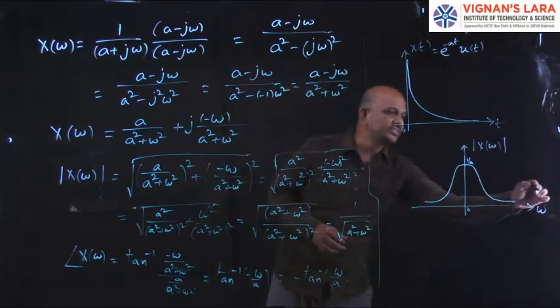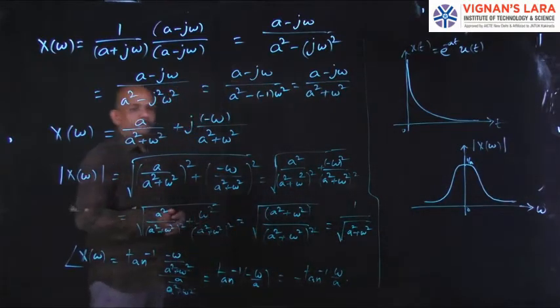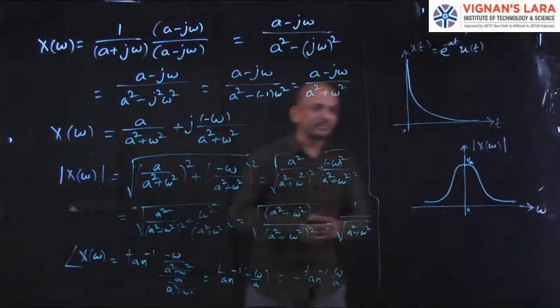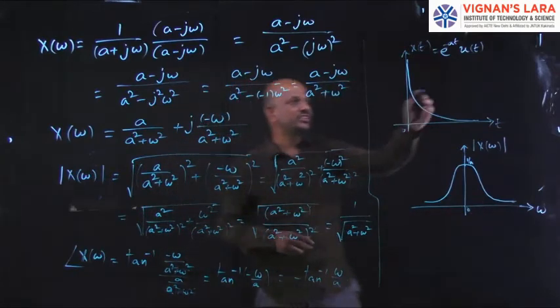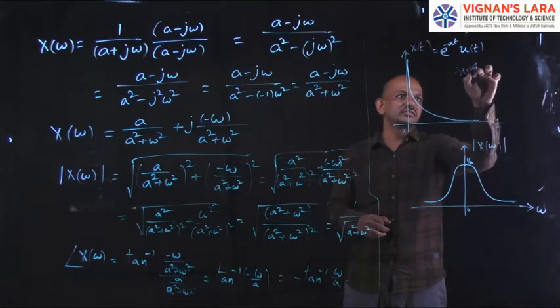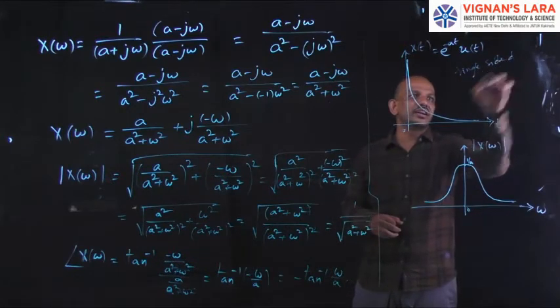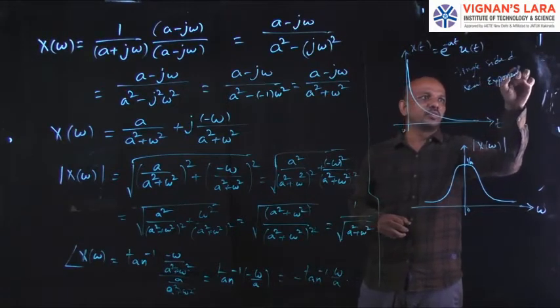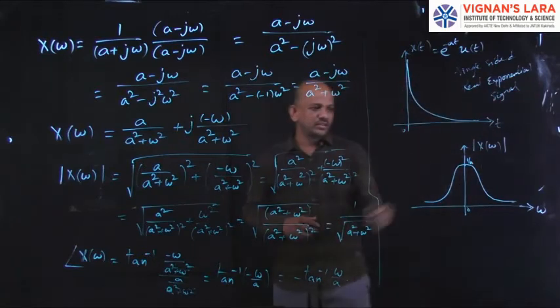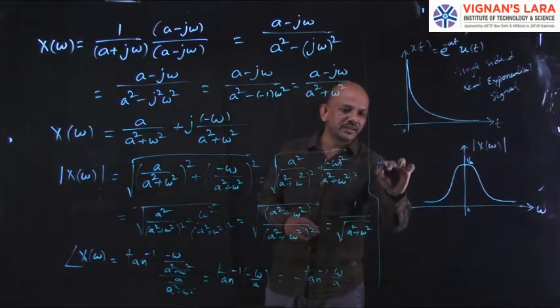So this is nothing but the magnitude spectrum. Okay, magnitude spectrum. And so this is the given signal, that is the single sided real exponential signal, this one, and this is the magnitude spectrum.